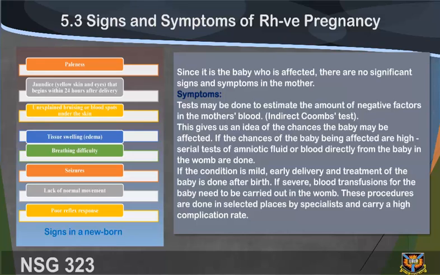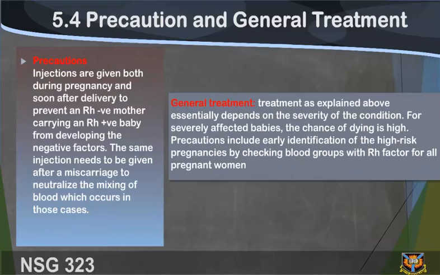If the condition is mild, early delivery and treatment of the baby is done after birth. If severe, blood transfusions for the baby need to be carried out in the womb. These procedures are done in selected places by specialists and carry a high complication rate.